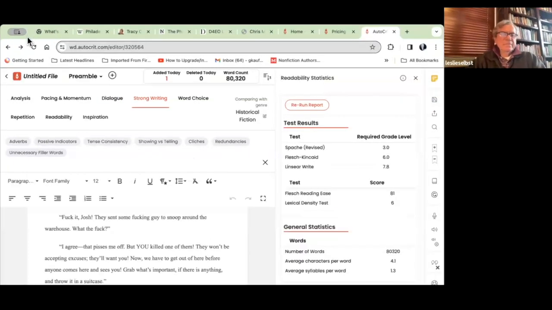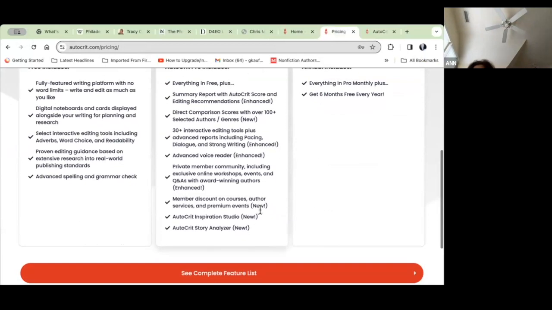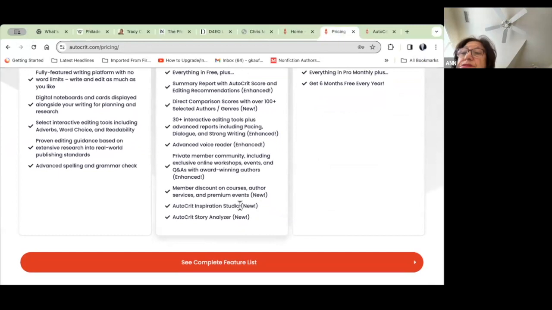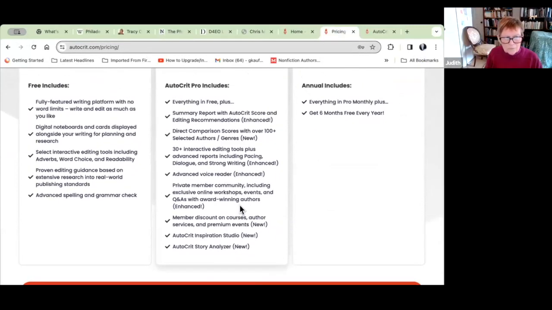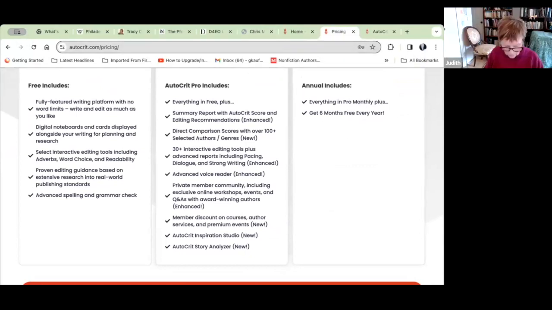In pricing, advanced voice reader. Advanced voice reader, very nice. You can choose voices and a bunch of stuff. I haven't done that, but I was just mind blown by it. I was like, wow, you know.